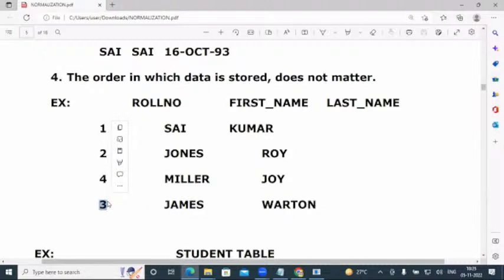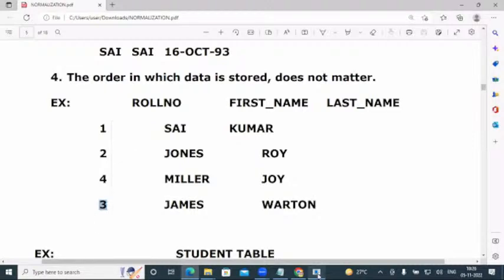It's not like, sir, I wanted 1, 2, 3, 4, 5 in sequence order. That is not a rule. What is normalization telling us? Your data can be stored in any mismatched order, no problem. Clear? These are the 4 rules.